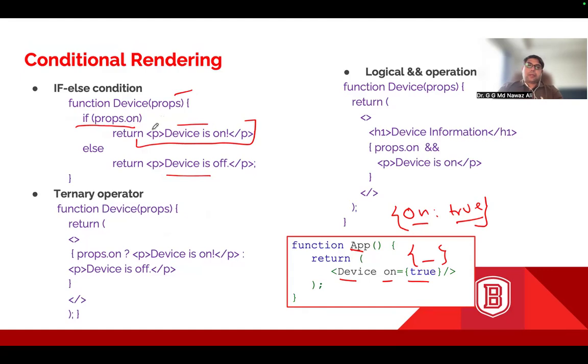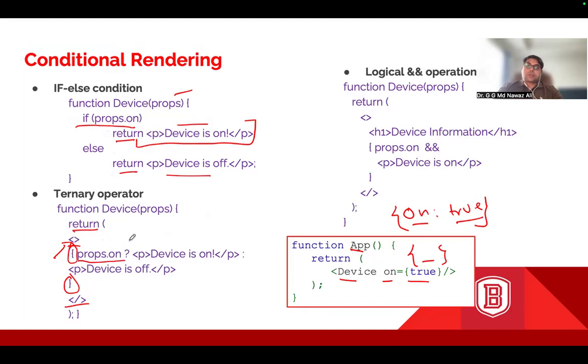Now another way that React developers use quite often is the ternary operator. Previously it was a separate return statement. Now you have a return statement inside the return statement. You have these fragment elements, and inside that you see the curly braces, which show that this is JavaScript. You check whether this condition is true.